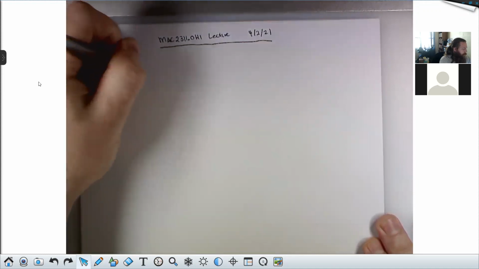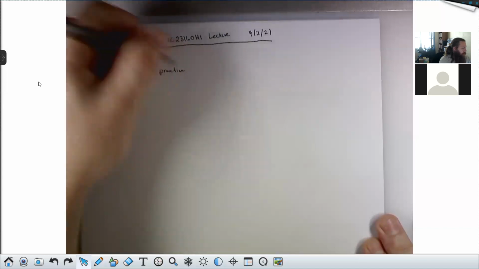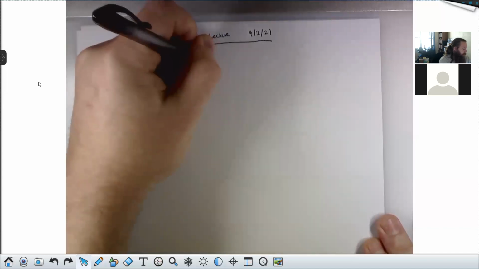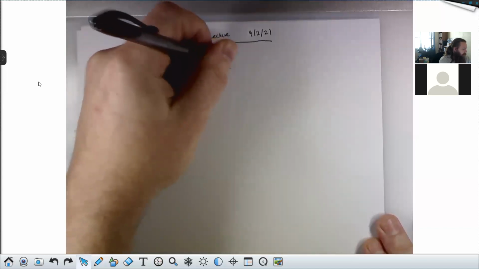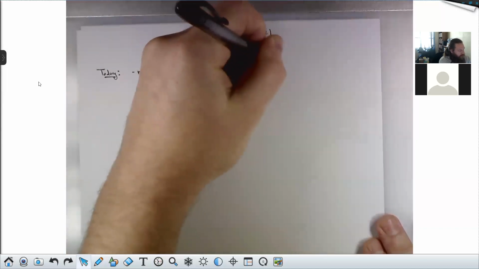Get a little bit more practice with net change versus concepts like distance traveled.